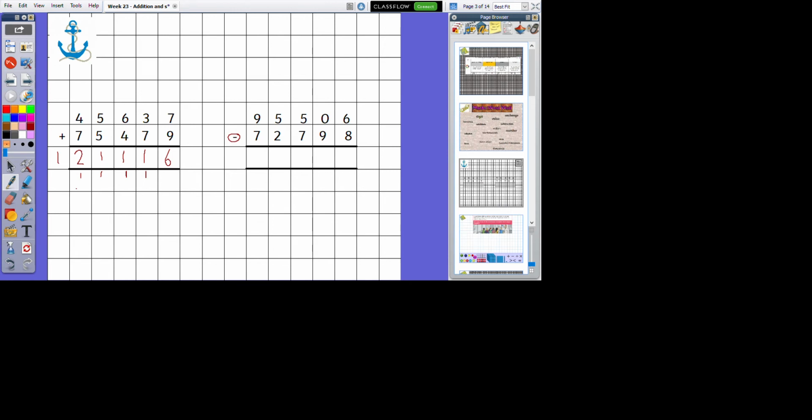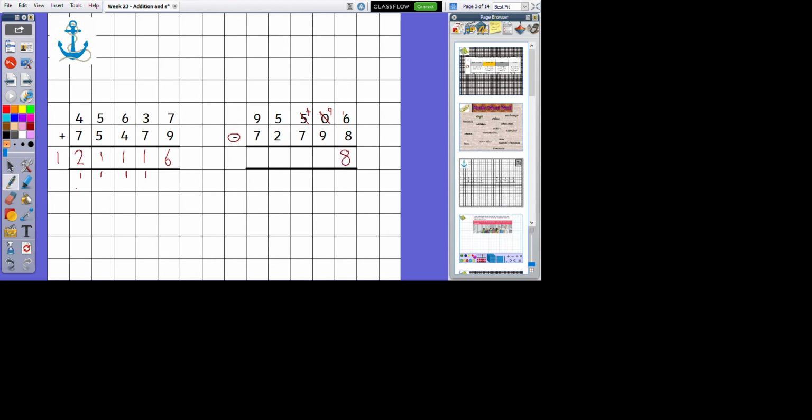So in that case we need to exchange, don't we? So I can't go to the tens because it's a 0, so I have to go to the next available number, which is 4, so I'm carrying it over to there to give me 10. But I've still not got anything for the 6, so I need to exchange from there as well to give me 16. So 16 subtract 8 would give me 8.